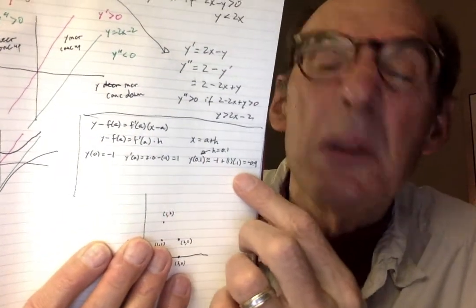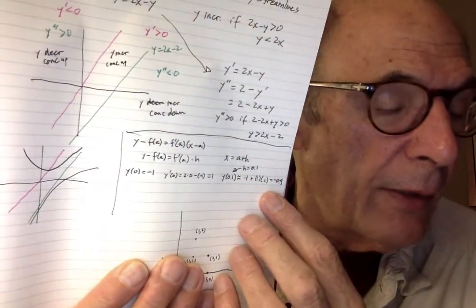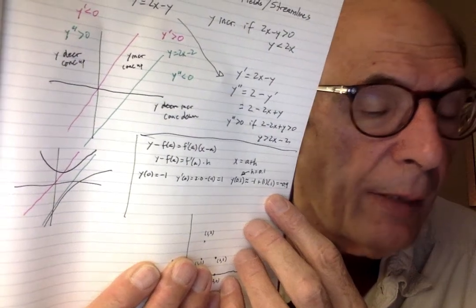And so this is minus 0.9. Just a little bit of arithmetic there. It's really actually quite simple. And so that gives us the point 0.1, minus 0.9. And then we do that again, and we'll do it at 0.2, and then we'll get a new slope, and then we'll do it again, and do it at 0.3, and so forth and so on. So that's Euler's method.